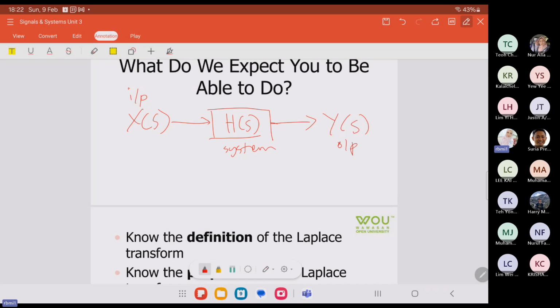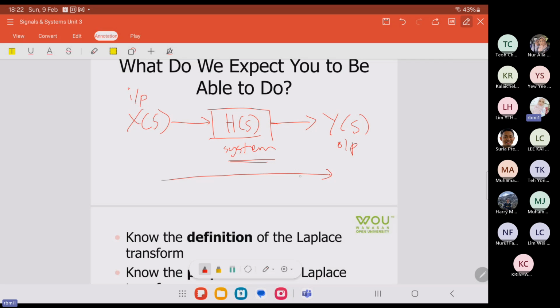This is considered a block diagram representation of an input-output relationship. So H(s) is the system, the whole system, and then we want to get the input to the output for the signal transfer.